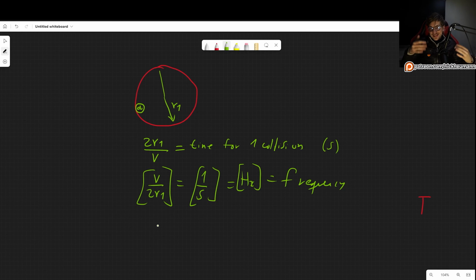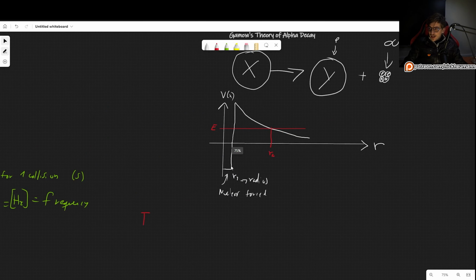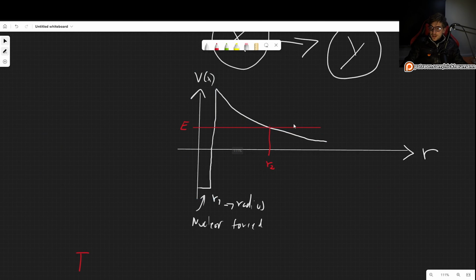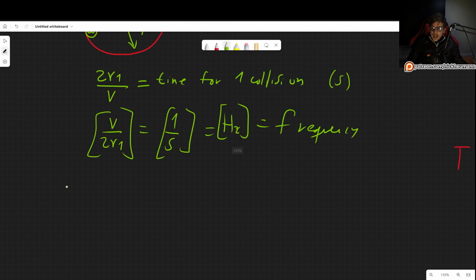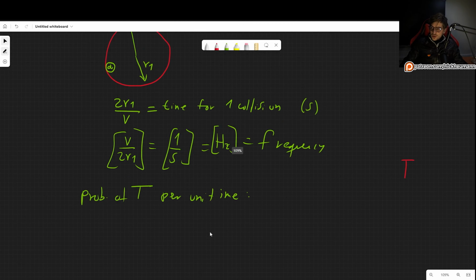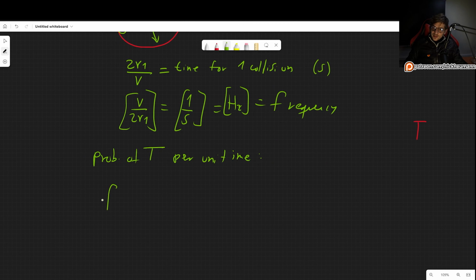Now, every single time that there is a collision with this wall, with the potential, there exists a chance that our particle will be transmitted, right? Because of quantum tunneling. So for that reason, if we want to find the probability of transmission per unit time, in this case second, then what we need to do is multiply the frequency that we found.